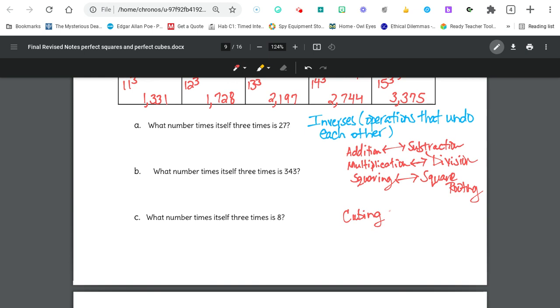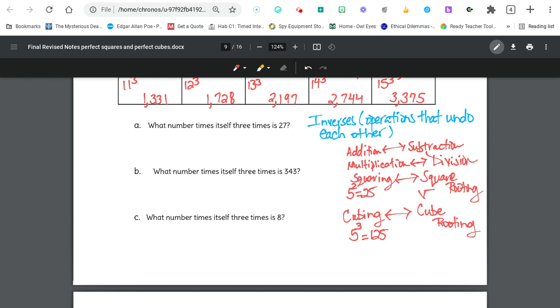Cubing, and instead of square rooting, what we call cube rooting. Okay. So a square, again, is when you square a number and get something like a perfect square. A square root looks like this, okay? A cube, everybody knows, is when you cube a number, or you multiply by itself 3 times and you get a perfect cube.